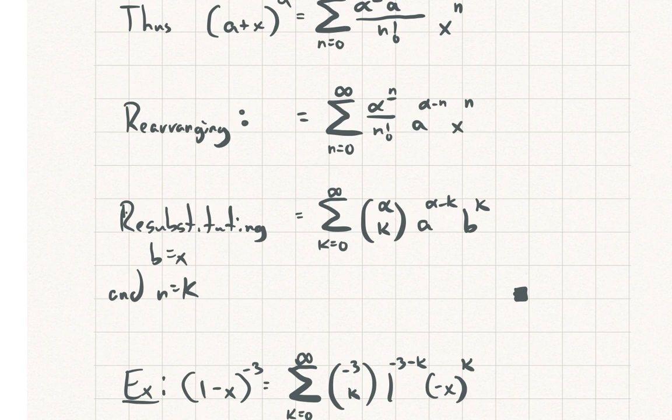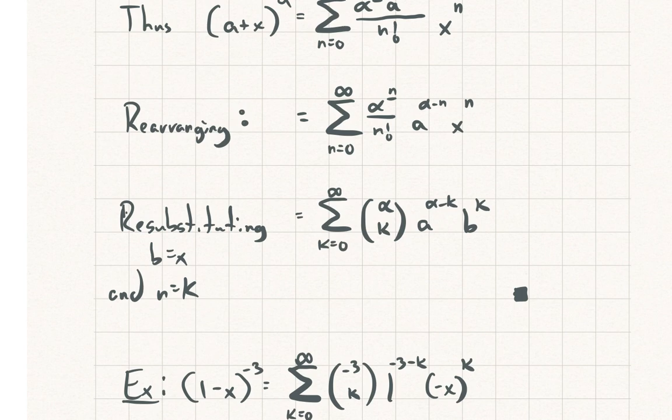So now let's plug in that nth derivative evaluated at 0 into our Taylor series formula. So here it is here. So we have alpha falling factorial n times a to the alpha minus n over n factorial times x to the n. Remember, we're thinking of x as b here. So we'll rearrange so it looks more like what we want.